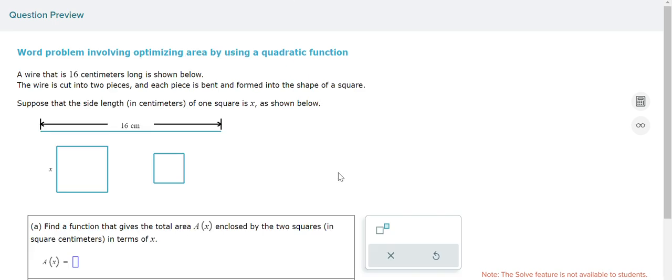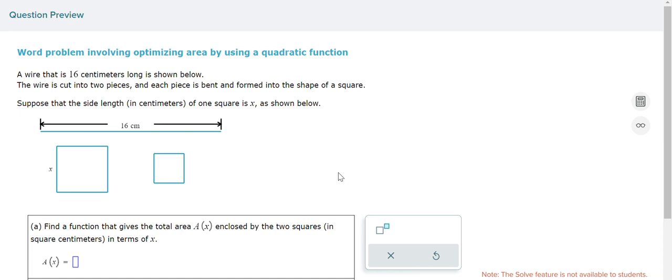Okay, last one involving maximum areas using a quadratic. This is an optimizing area using a quadratic function. We did one of these similar in class. It says a wire that is 16 centimeters long is shown below. The wire is cut into 2 pieces, and each piece is bent and formed into the shape of a square. Suppose that the side length in centimeters of one square is x as shown below.